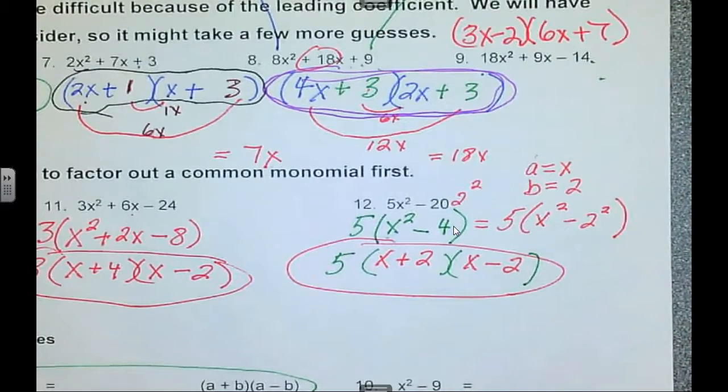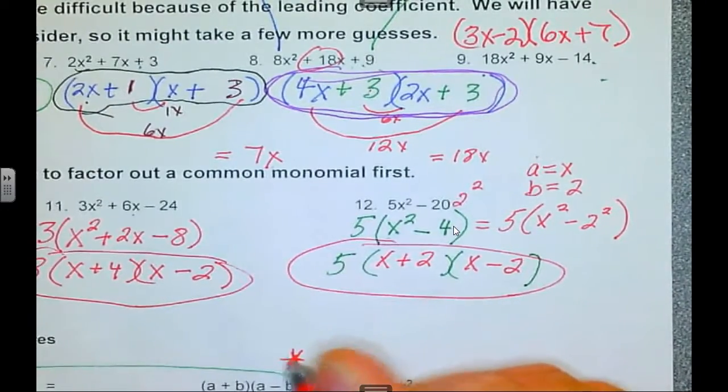There are a lot of shortcut formulas for factoring. This is one formula that you really have to remember: a squared minus b squared equals a minus b, a plus b. This is really one formula that you really have to know.